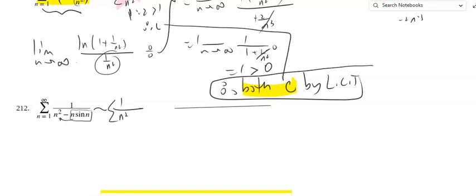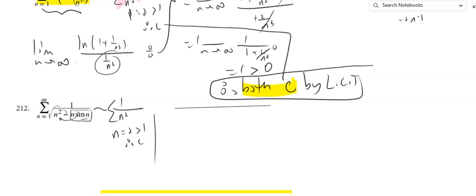So series, p equal 2 bigger than 1, therefore converges. So again, the dominating term of the denominator. If I have a polynomial, I take the highest power. The sine is not going to do anything except oscillate back and forth.